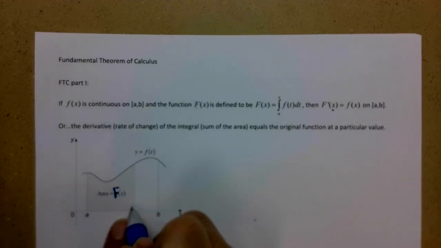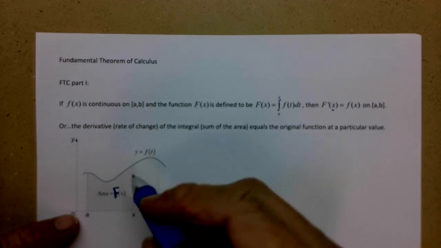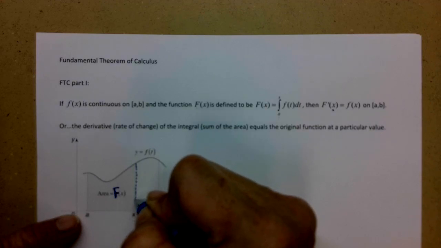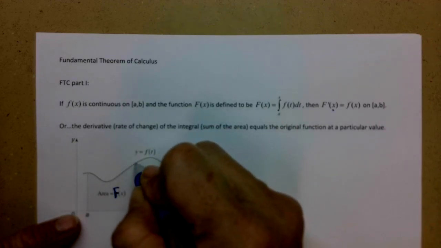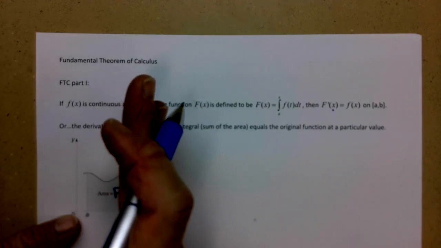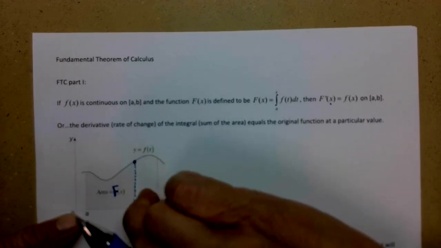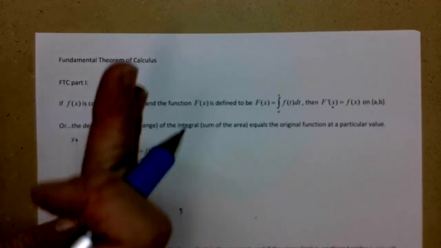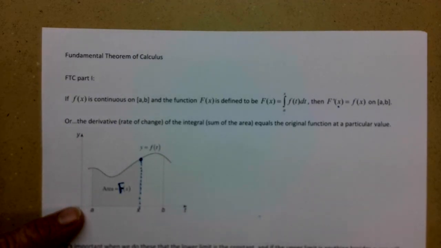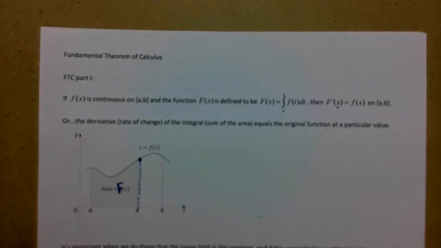The rate at which that area is changing, if you think about another little thin slice, we're adding on little chunks of height, that little lamina of area that gets added in, and the rate at which the area changes is equal to the function value there. Oh my gosh, that is so fun.